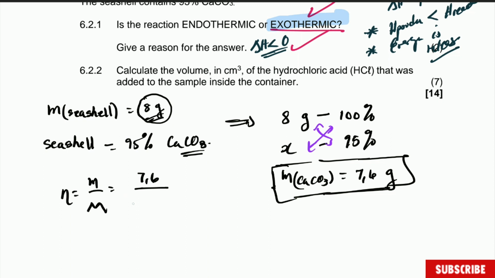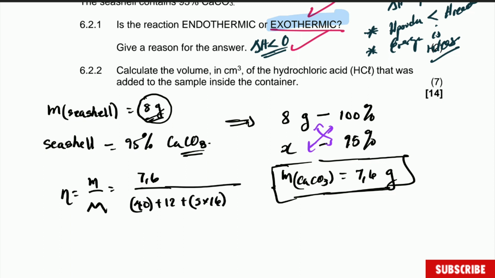Remember, you need to go to the periodic table for the calcium carbonate. Calcium is 40 and carbon is 12 and oxygen is 16, so it's 3 times 16, and this one is a plus in between, so it's plus 12 plus 3 times 16.